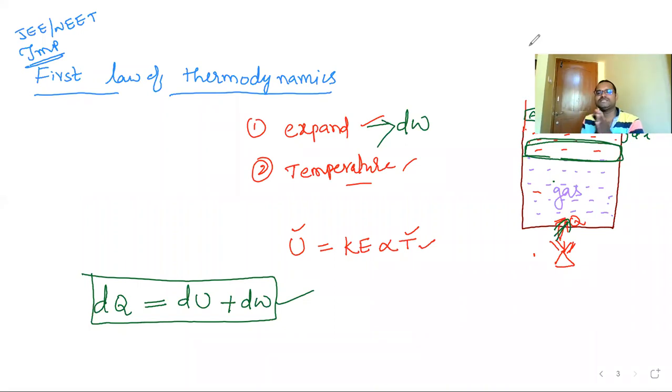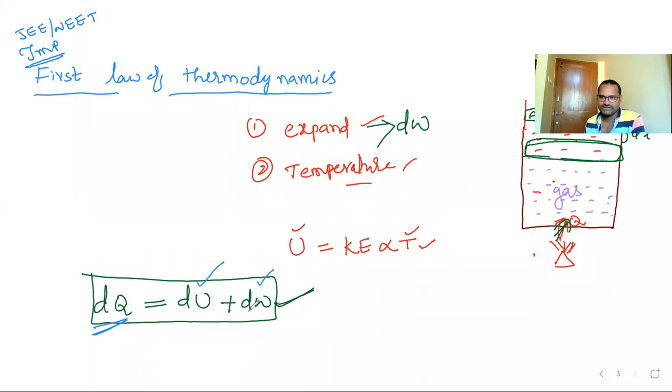So we can say the heat energy supplied to the gas is utilized in increasing the internal energy of the gas and in performing work done by the system on the surrounding. So mathematically we will write this like this. According to the first law of thermodynamics, the heat energy supplied to the gas is utilized in increasing the internal energy of the gas and in performing some work on the surrounding.